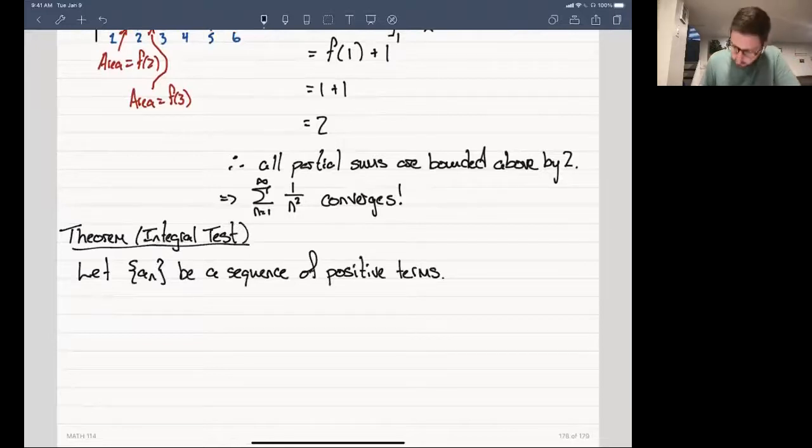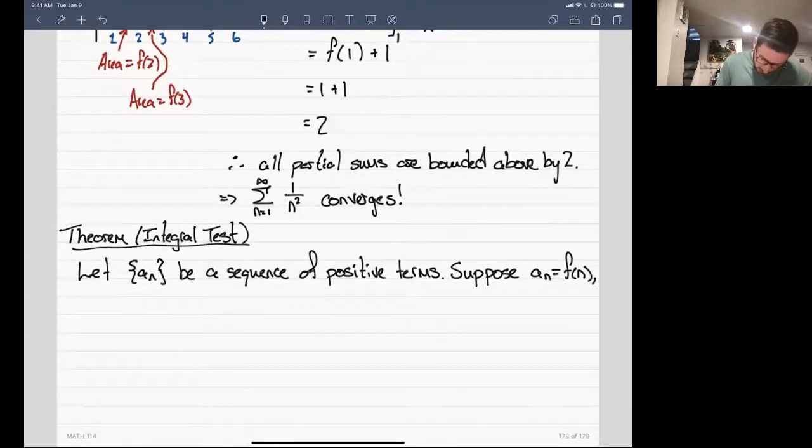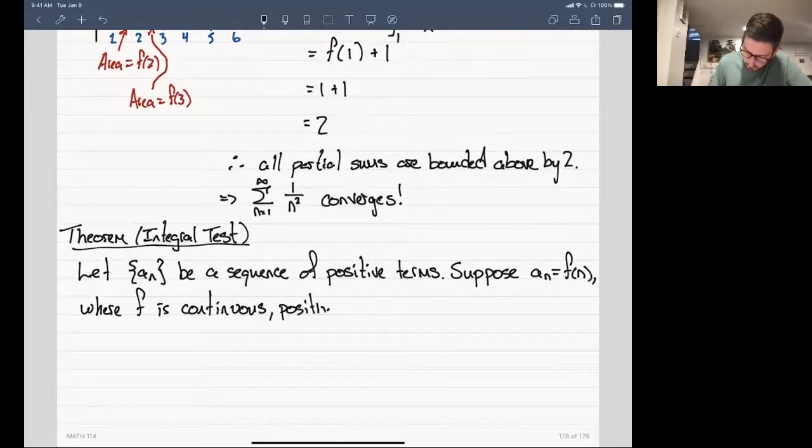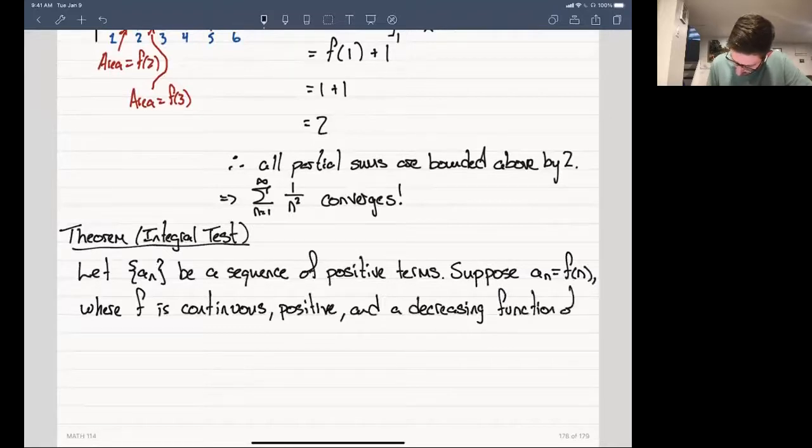Okay, and then suppose that we can actually write the sequence as some function f evaluated at the integers, where f is continuous, and it's positive, and it's a decreasing function of x for all x beyond some integer.